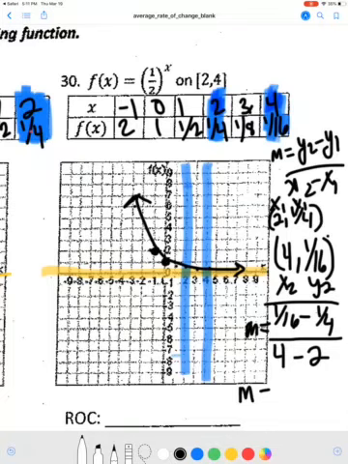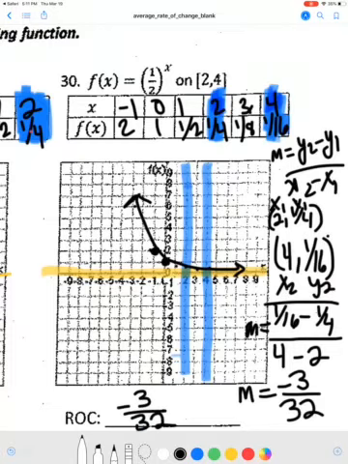Use those fraction buttons: 1/16 minus fraction 1/4 over 4 minus 2. And when you do this with me, you should get -3 over 32. And that's my rate of change over that interval.